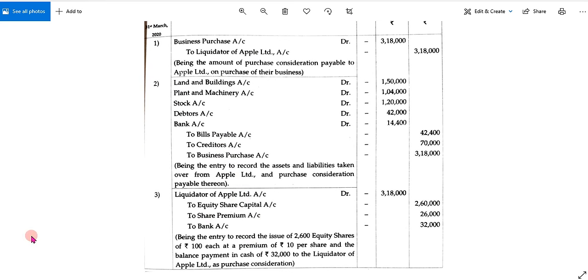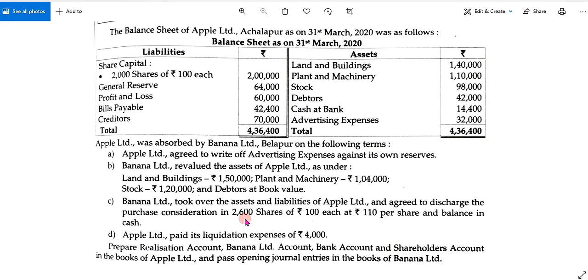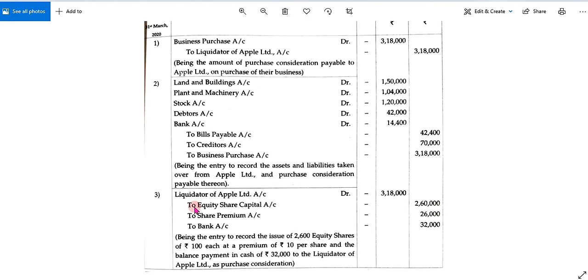Afterwards, how this purchase consideration was discharged. Liquidators of Apple Limited company, purchase consideration amount, to equity share capital 2,60,000.